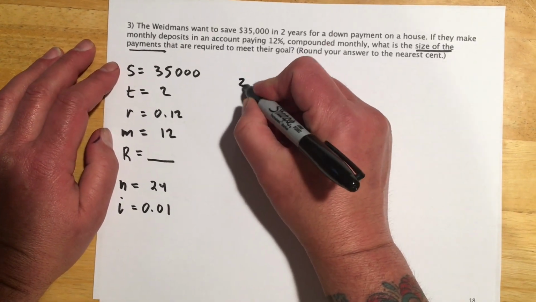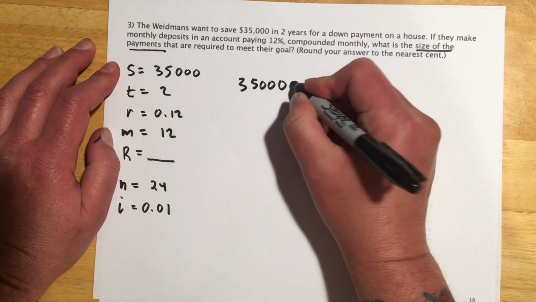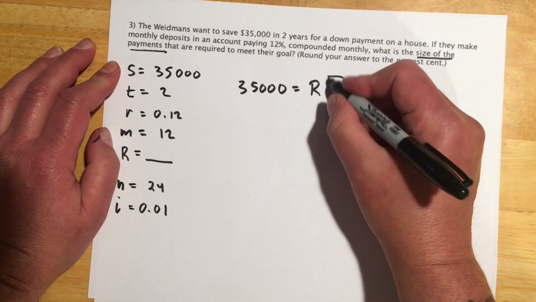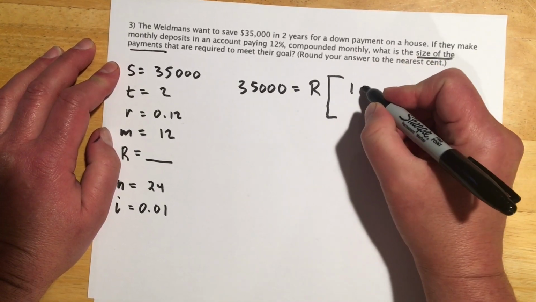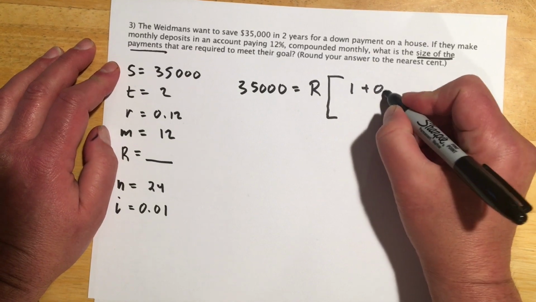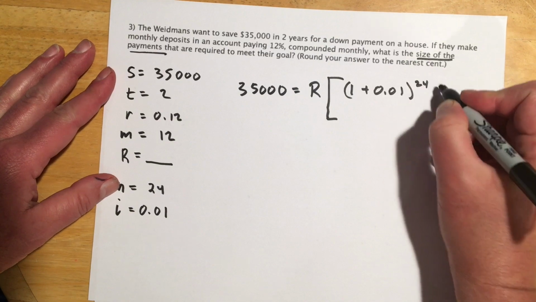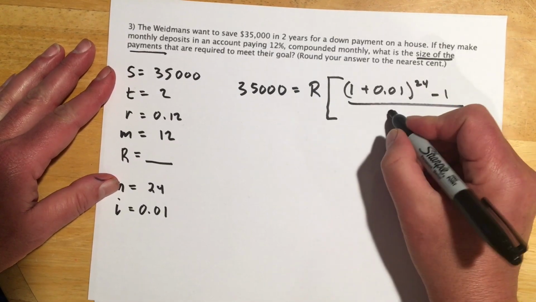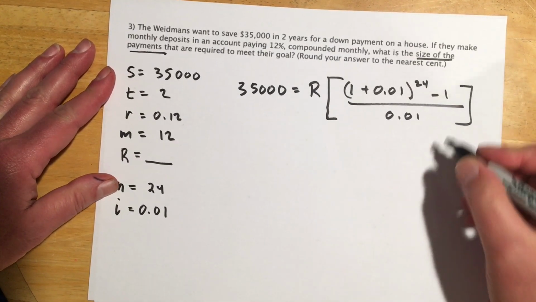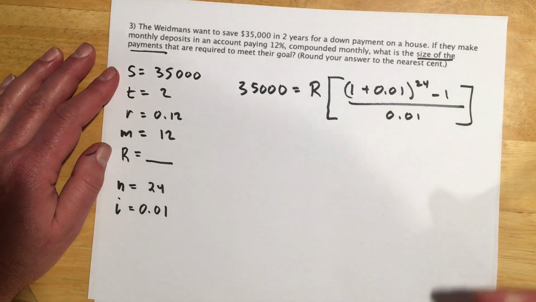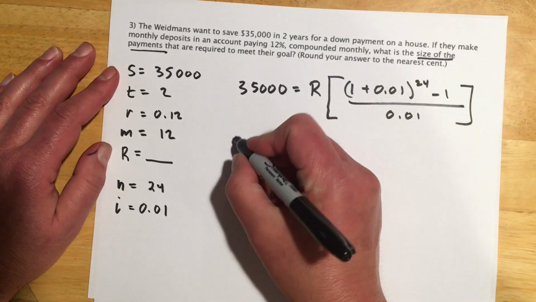So S, we know the answer is 35,000, and what we want is the R. And then same old 1 plus I, so 0.01, to the n, which is 24, minus 1, all over 0.01. And so then all I did was toss all of that in the calculator.